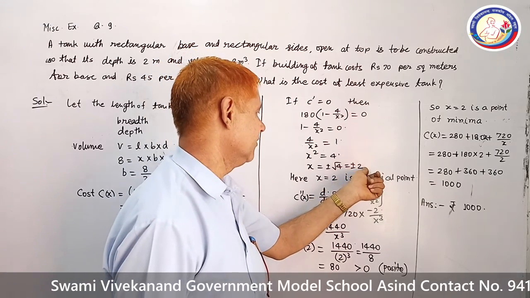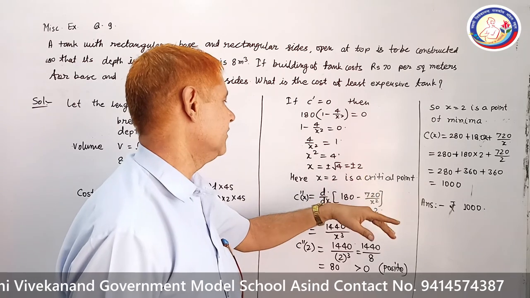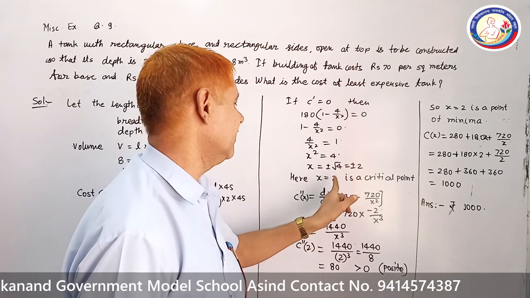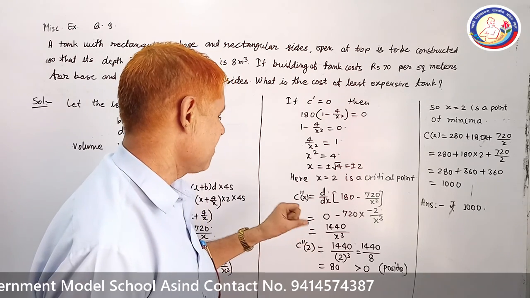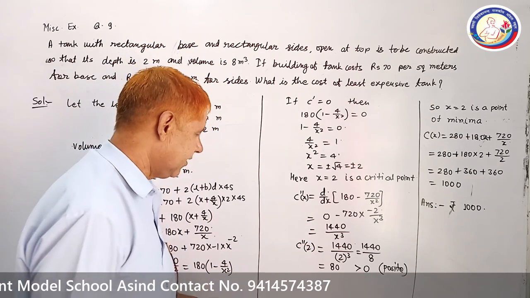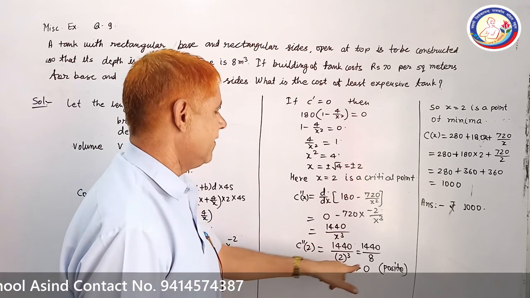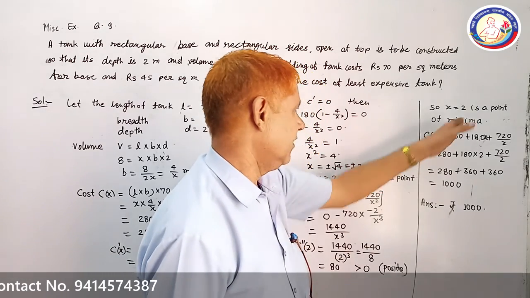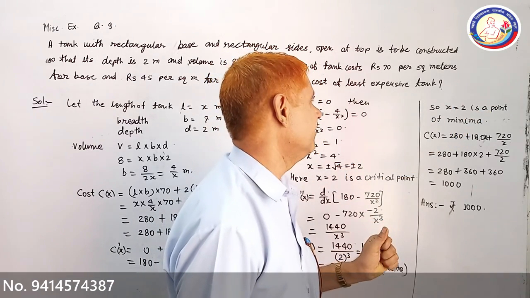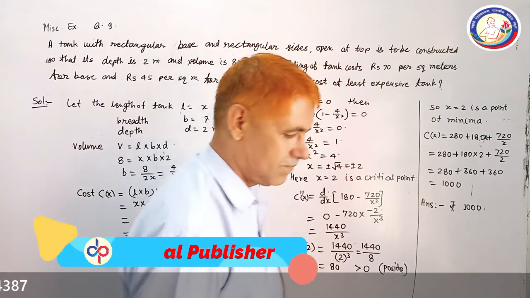Minus 2 is not admissible here because it is irrelevant; the side can't be negative. So we have taken only x equal to 2 for consideration. We tested the value of the second derivative at x equal to 2. It is positive and it is an indication of a minima there. So at x equal to 2, the cost will be minimum and the minimum value is 1000. Thank you.